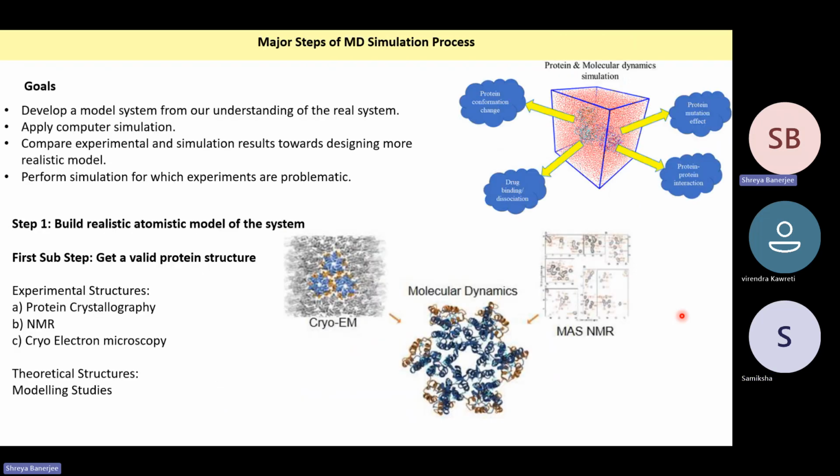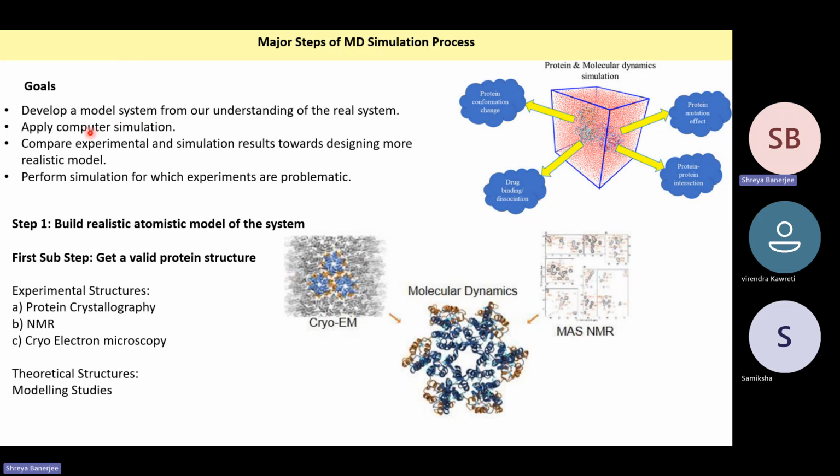Okay. So now we will look at the molecular dynamics process. So first thing is we develop a model system from our understanding of the real system. So whatever structure we have gotten from cryo-electron microscopy or NMR or X-ray, we use that to first build a model structure.